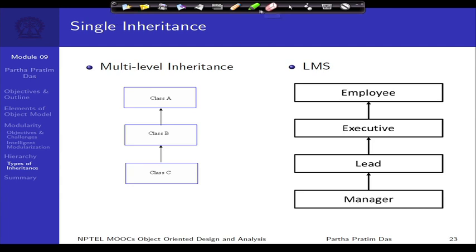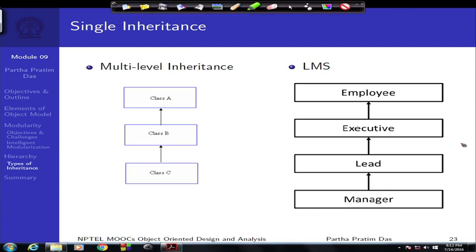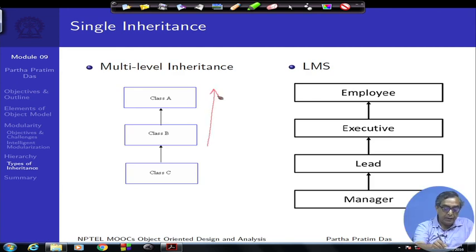Single inheritance can also be extended over multiple levels. Here we have B is a A and then we have C is a B. We have already seen instances of this in the vehicle example. When this happens, we say it is multi-level inheritance, that is, inheritance is happening not between just two levels, but more than two levels.